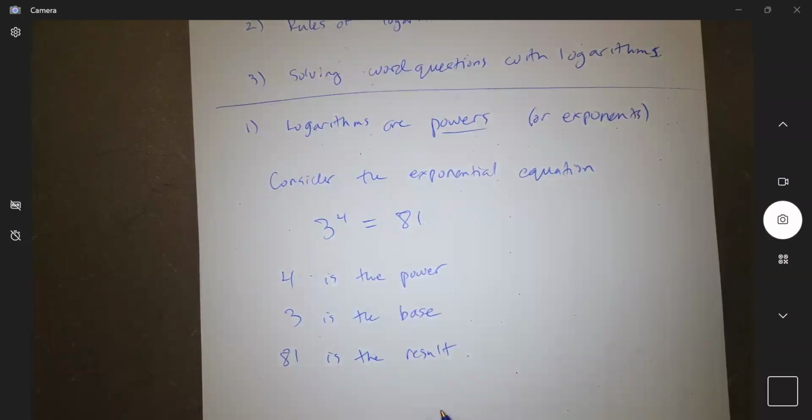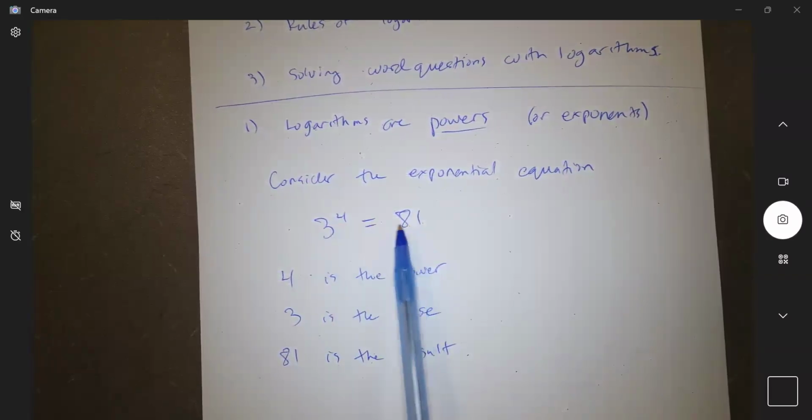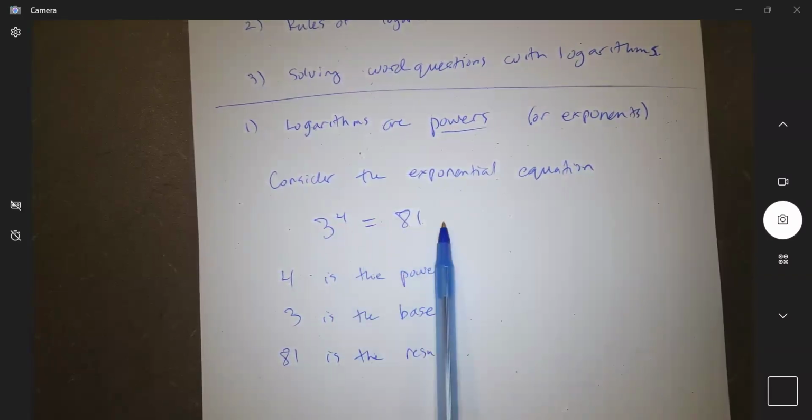So far, this is what we did last week. We looked at exponentials and we said, okay, 3 raised to the fourth power equals 81. 4 is a power, 3 is the base, 81 is the result.